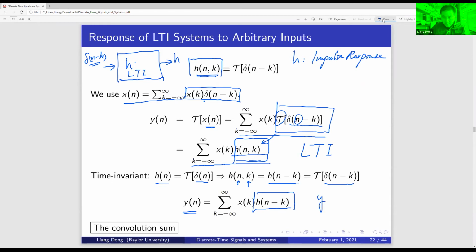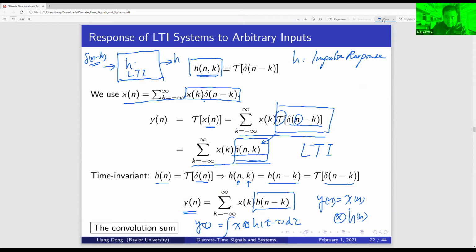Convolution is y n equals x n convolved with h n. Compared with the analog or continuous time convolution, where we take x of tau and h of t minus tau, d tau, and we get y t, right?